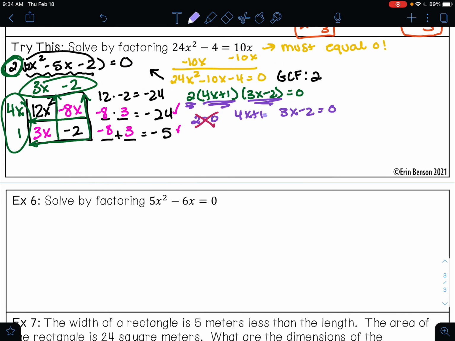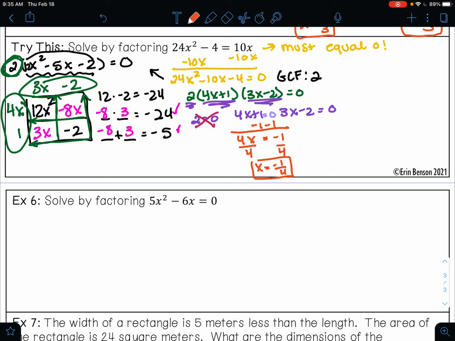Over here, I forgot my equals 0. On this next equation, I can solve this. To undo addition, I'll do subtraction and get 4x equals negative 1. To undo multiplication, I'll do division and get x equals negative 1/4.